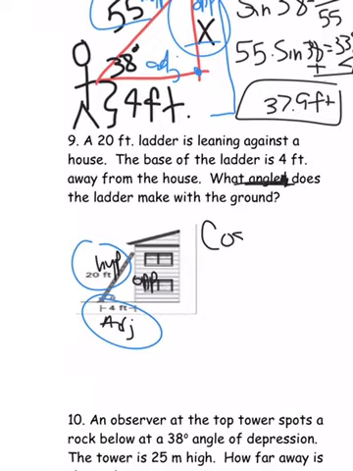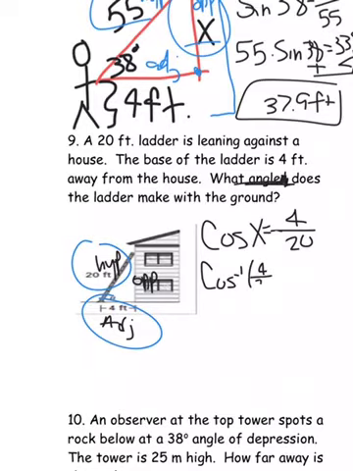So we start off cosine, I know it's theta, that little symbol we talked about the first day, but we'll just call it x, equals the adjacent 4 over the hypotenuse 20. And that is not a negative sign. It was part of the equals is what it was. I just didn't separate them very well. You start there, but to solve it, of course, you do need the -1.